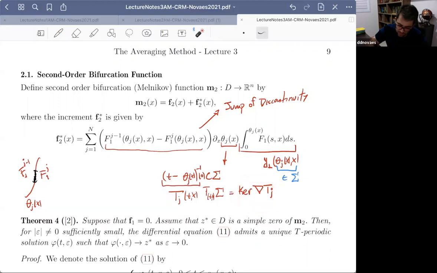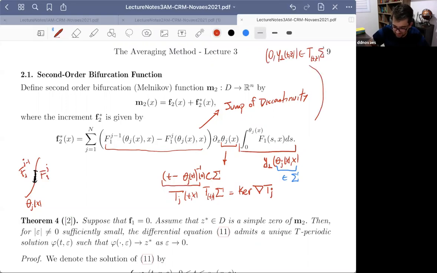Okay, so saying that this product vanishes is equivalent to saying that hypothesis HB2 holds, because hypothesis HB2 is telling us that this vector y t z belongs to the tangent space of t z of the discontinuity set.